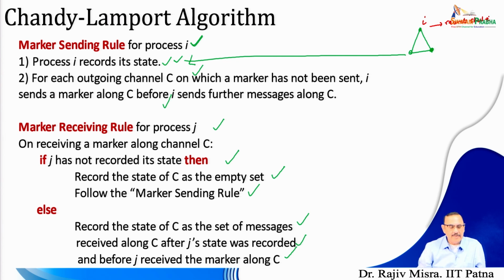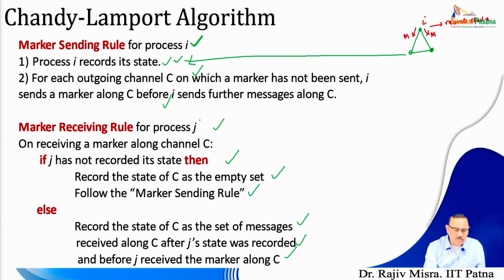And for each outgoing channel C on which the marker has not been sent, I sends the marker along the channel C before it sends further messages along C. So, it sends a marker in this channel.